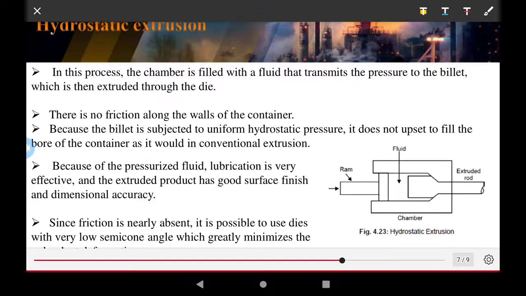Hydrostatic extrusion process. In this process the chamber is filled with fluid, which transmits pressure onto the billet, which is extruded through the die. There is no friction along the container walls, because the billet is subjected to uniform hydrostatic pressure.